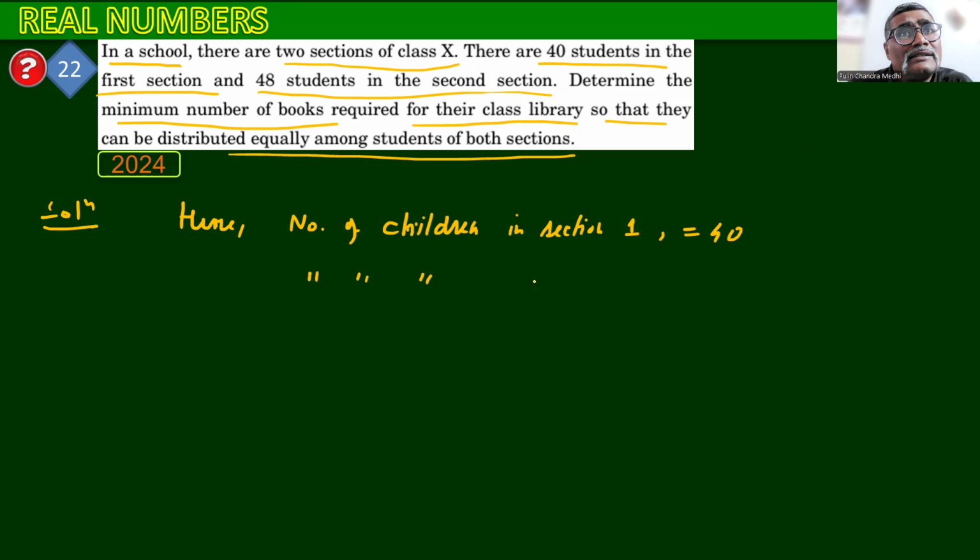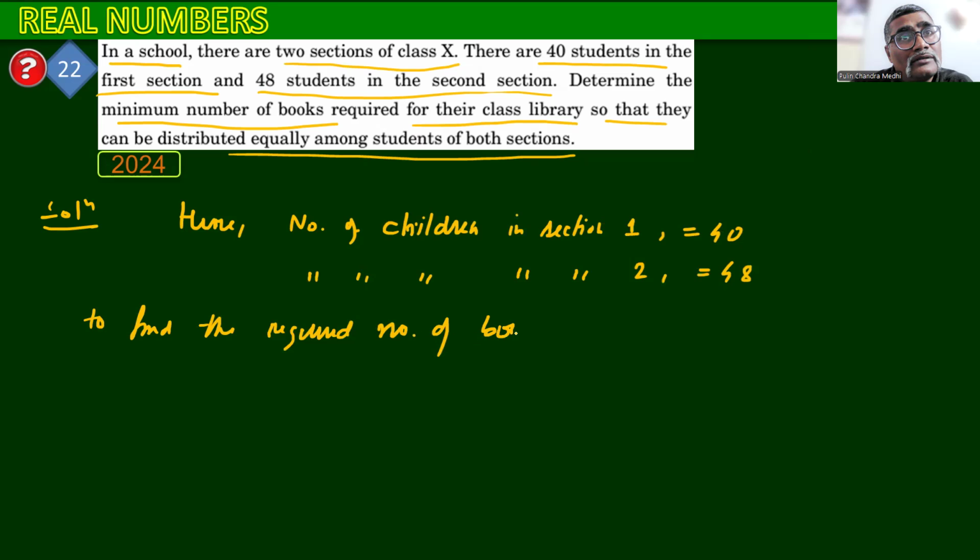Number of children in section 2 is 48. To find the required number of books, we must find the LCM of 40 and 48.